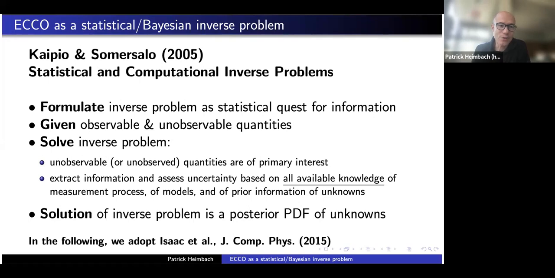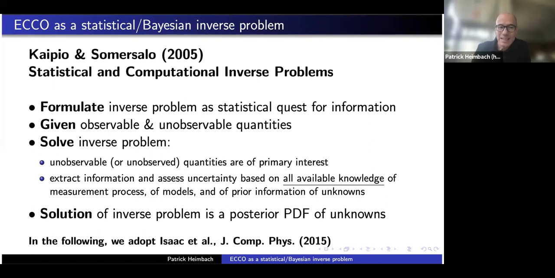So, as you know, the textbook of Kaipio and Somersalo, 2005, formulates the inverse problem as one of a statistical quest for information. On the one hand, we have observable and also unobservable quantities, and we're trying to solve the inverse problem because the unobserved quantities are the ones that are actually of primary interest.